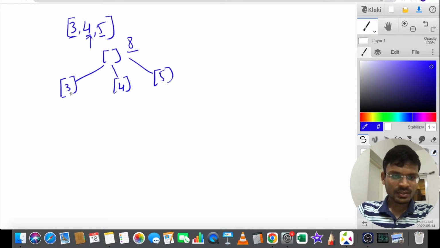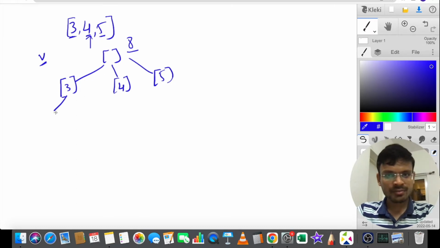So suppose coming to this part of the tree, the left hand part of the tree, I have this particular value 3 in the input vector v, right? So at this point I have a couple of possibilities with me, as mentioned in the question that I can consider an element any number of times.